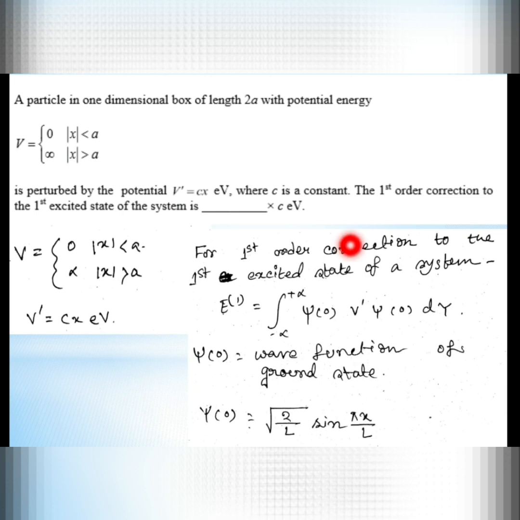So we get E dash is equal to 0. The answer is 0: the first order energy correction when the perturbation potential is Cx, for the first excited state of the system, will be 0.